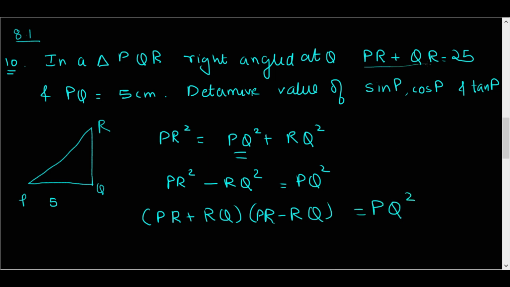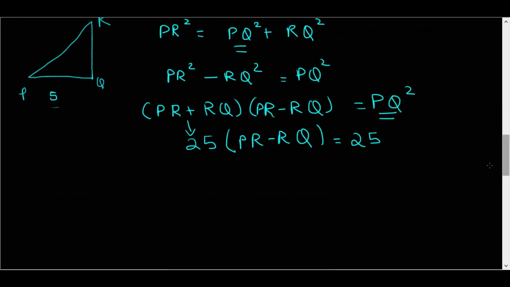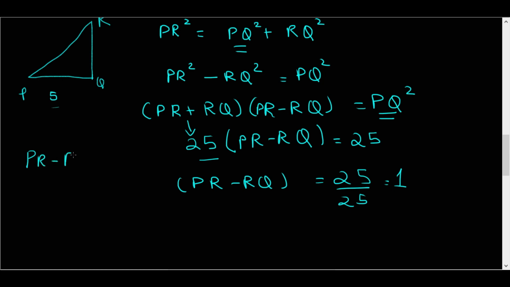Now we know the value of PR plus QR, which is 25, so I substitute it over here. PR minus RQ, and PQ we know is 5, so 5 square would also be 25. Now I shift this 25 to the other side, so I have PR minus RQ equal to 25 by 25, which is 1. So I have two things here: PR minus RQ equal to 1 and PR plus RQ equal to 25.